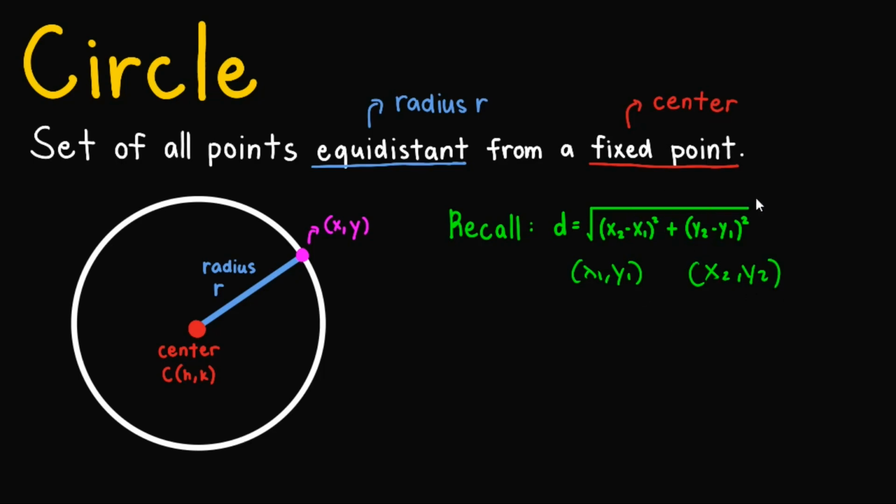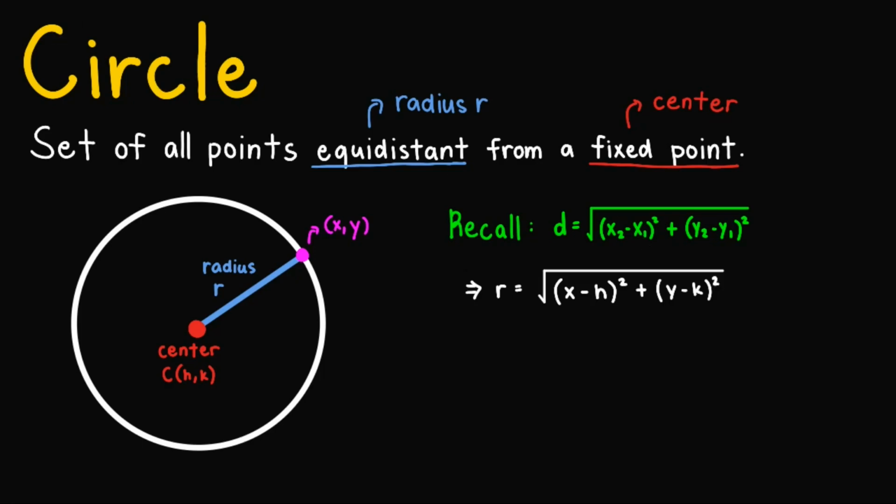So let's try to apply this distance formula with our given. So let's try to denote this by x sub 2, y sub 2, this by x sub 1, y sub 1, and our distance is given by this radius. So plugging in these values out here will obtain this one.